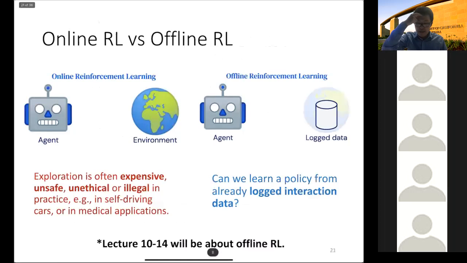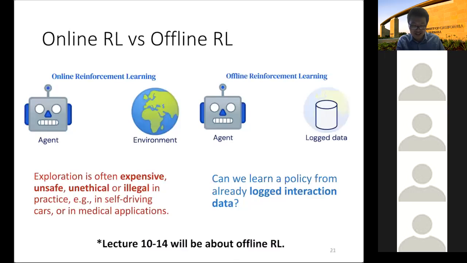Okay. So this slide is about the motivation of offline reinforcement learning. From the example that we gave previously about personalized medicine, sometimes we cannot have access to online trial and error. We cannot just treat this cancer patient with a random drug just to try whether it will work or not, right?